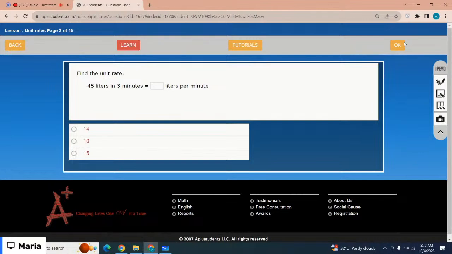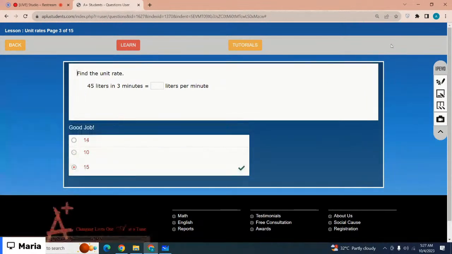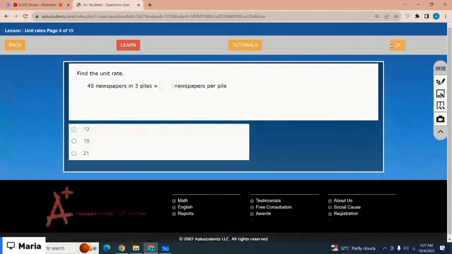That would be 15 liters per minute. 45 newspapers in 3 piles. So how many newspapers per pile? Very good. 15 newspapers per pile.